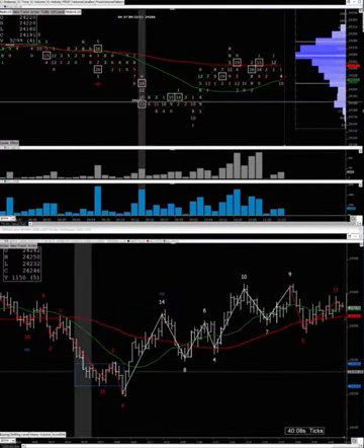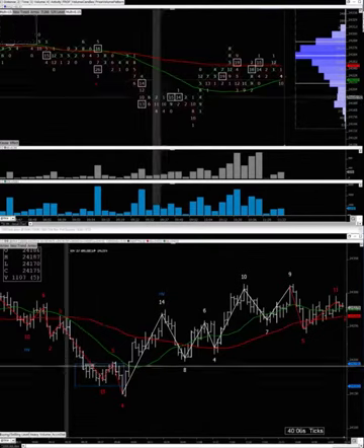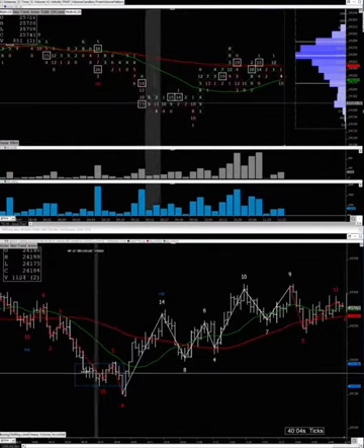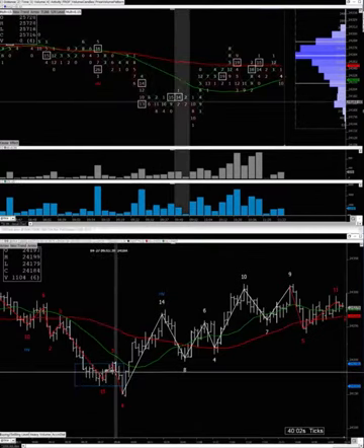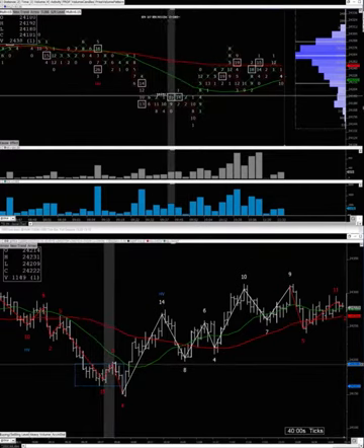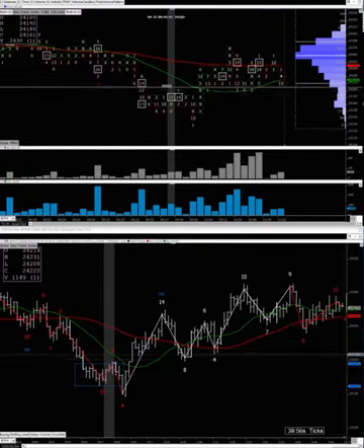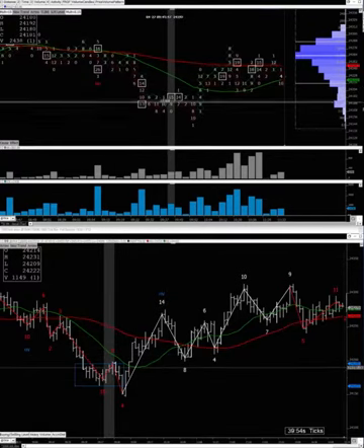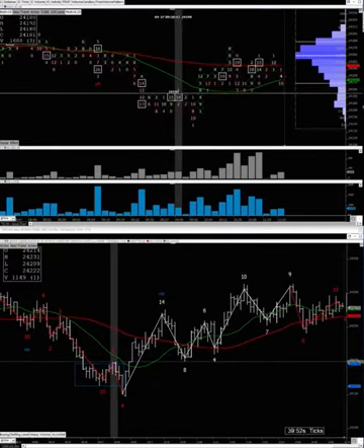But coming back down, we see that this range formed. You have this range forming, and there's a high volume here, and there's no follow through. High volume, no follow through. What is going on?